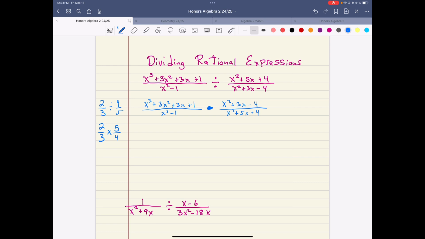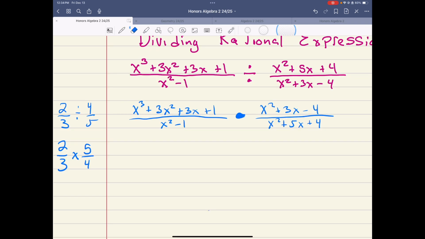Now we're just in the multiplication thing of the world, so we just got to start factoring these. Box method is not going to work for that first one, so I'm going to take out a negative. Let's see if negative 1 is one of the zeros. We've got 1, 3, 3, and 1. 1, negative 1, 2, negative 2, 1, negative 1, 0.